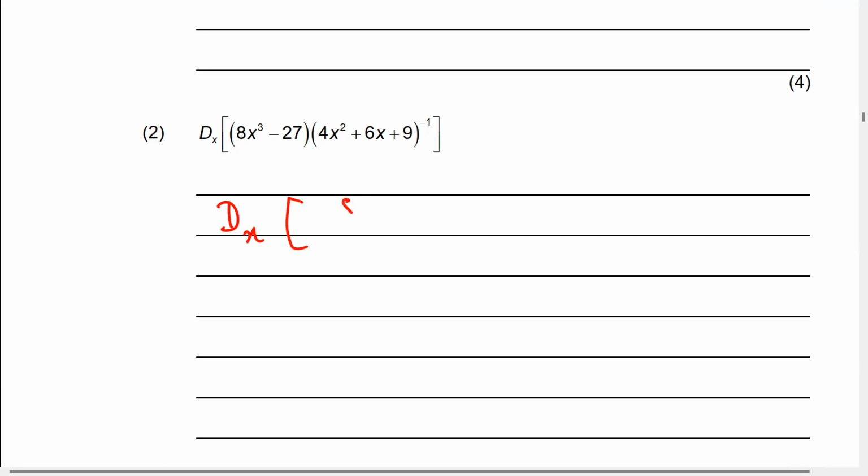The way it can be done is 8x cubed minus 27 divided by, because the exponent is minus 1, you need to bring this to the bottom, 4x squared plus 6x plus 9. Because you have brought it down to the bottom, it will have a positive exponent 1.